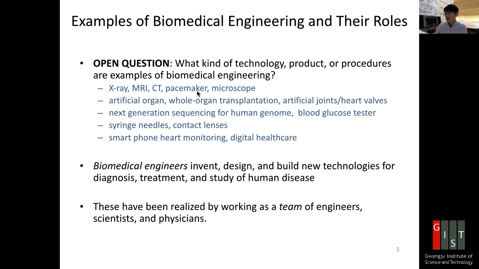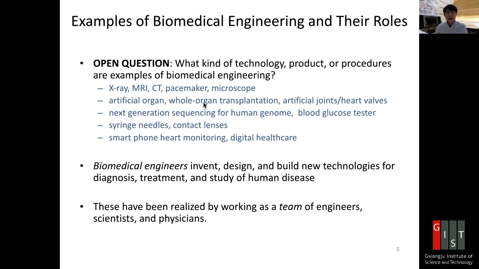pacemaker, microscopy. Or you can think of artificial organs, such as artificial joints or artificial heart valves. Or even more complicated is whole organ transplantation, which requires a lot of technologies.